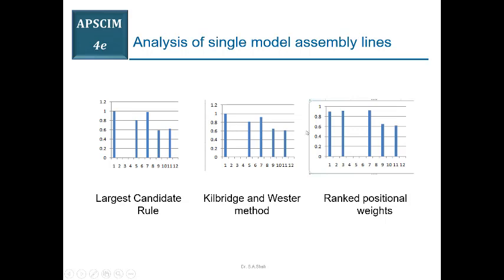If you compare these three, among them the RPW method has given you a little bit more uniform distribution of the workloads. Otherwise, none of these solutions can be said to be the best one.